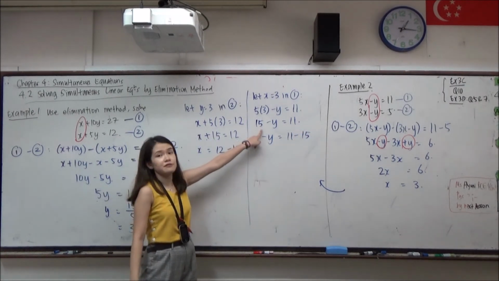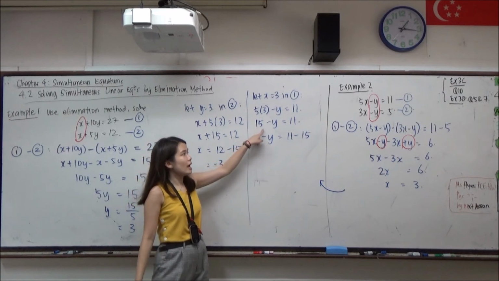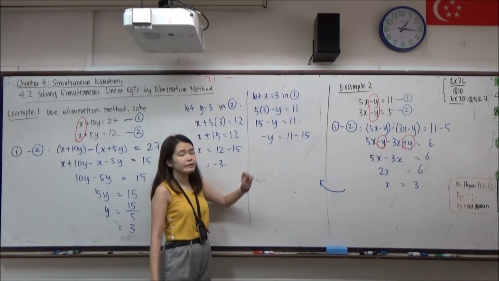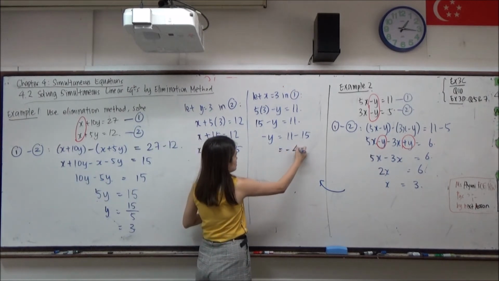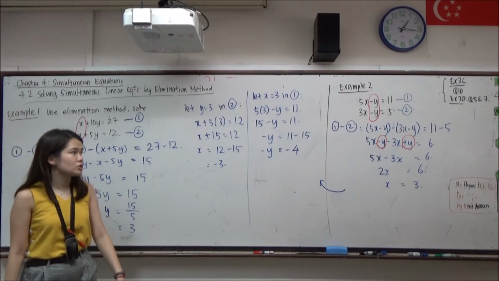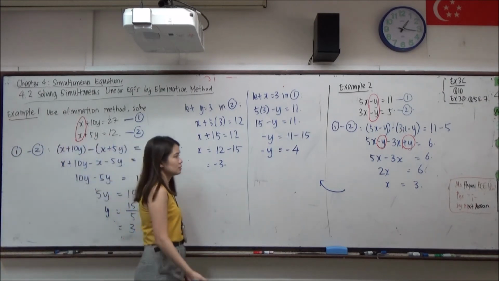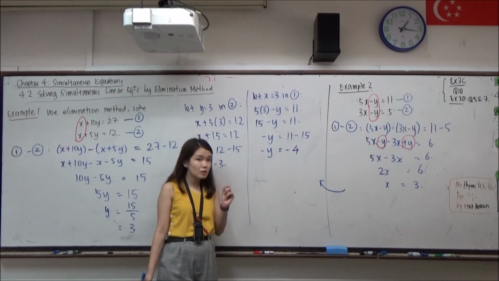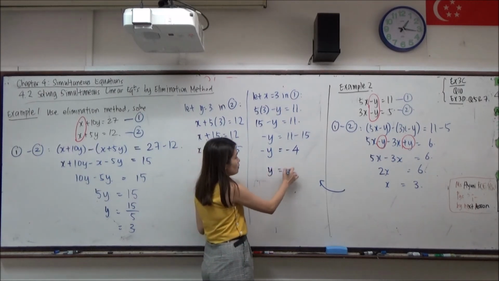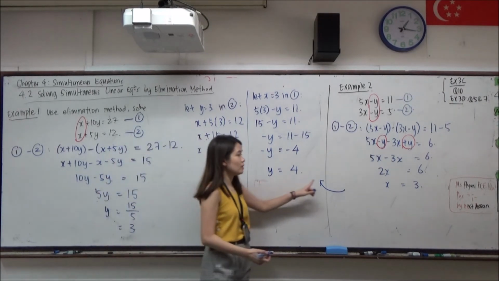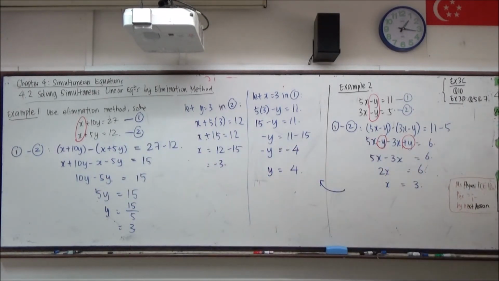This is a positive 15, so I bring it over and it becomes minus 15. I'm left with negative y, so I will have negative y equals negative 4. Do I leave the answer like that? No, because the question wants to find positive y. So y equals 4. That will be the two answers, x and y.